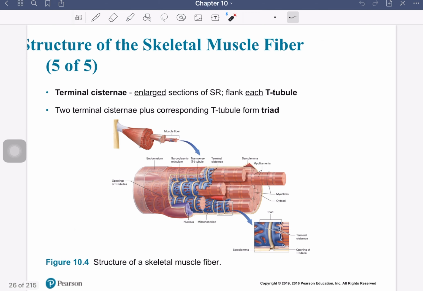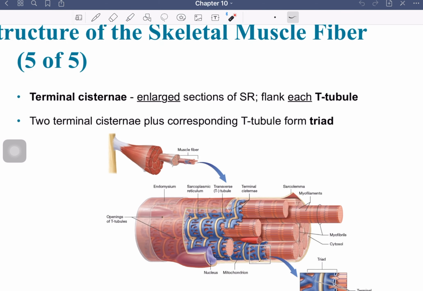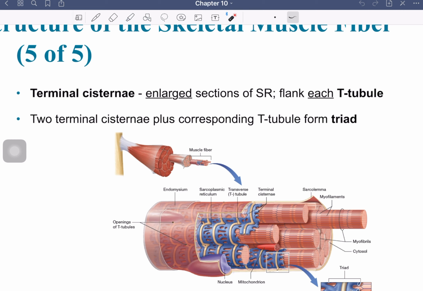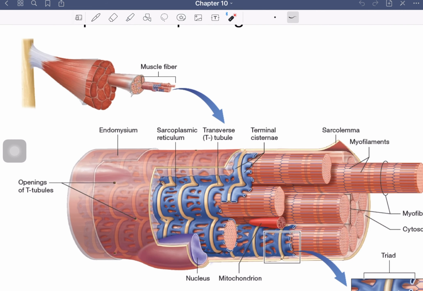All right. We did mention what the terminal cisternae are, but let's revisit that. Here we have T tubules, and we have the sarcoplasmic reticulum, and once again the widened area, the cisternae. These are the terminal cisternae. Now, if you notice, we see the same relationship happening over and over. We see a T tubule with a terminal cisternae on each side.